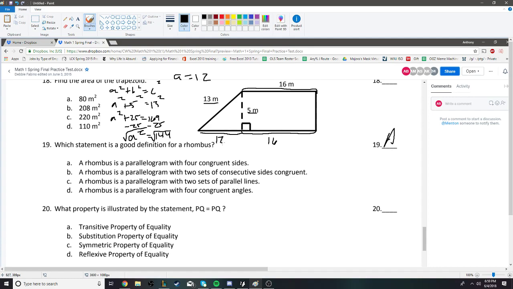So that's our side down here, 12, which means our entire base is 28. The area of a trapezoid is b1 plus b2 divided by 2 times the height. Base 1 is 16, base 2 is 28, divided by 2 times the height of 5 comes to a grand total of D.